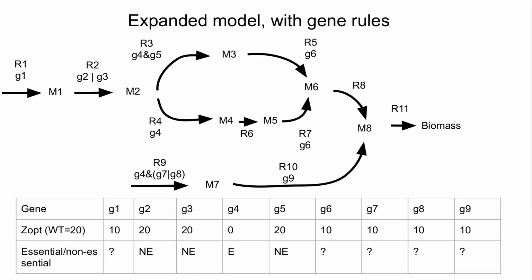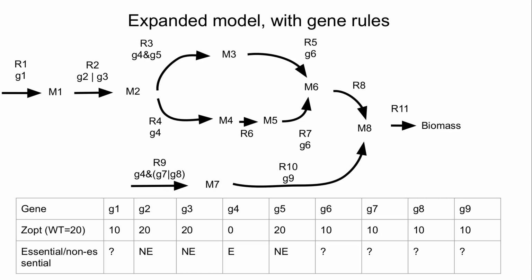What that means is that knocking out G4 is also enough to knock out R9. And that, as we can clearly see, is enough to knock out this entire lower pathway as well. So we see that by knocking out G4, we have knocked out R3, R4, and R9. And with all of these three cut off separately, we cannot have any growth. And so our optimal Z for the G4 mutant is a growth of 0.